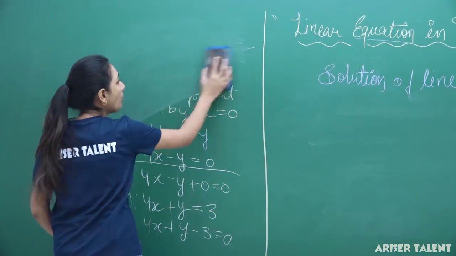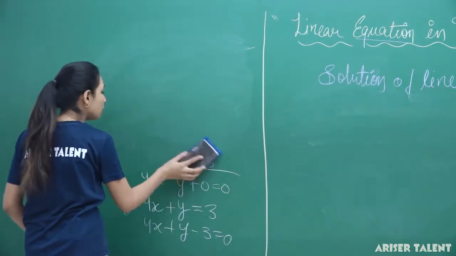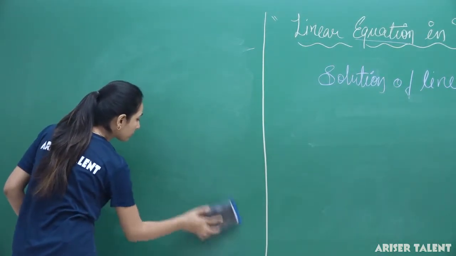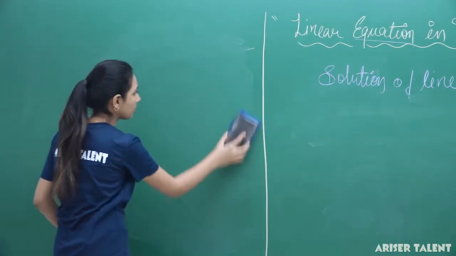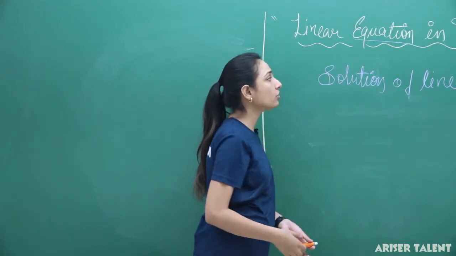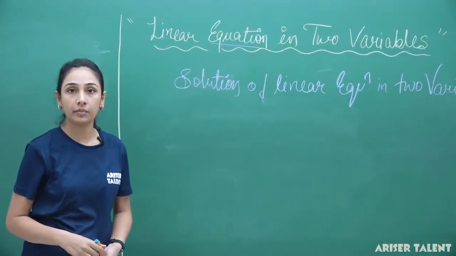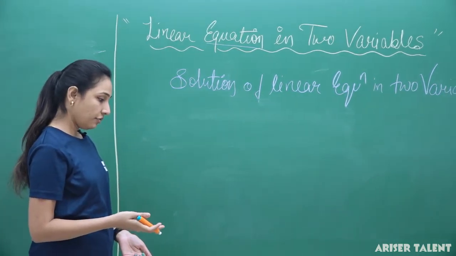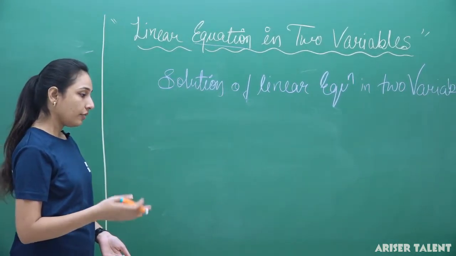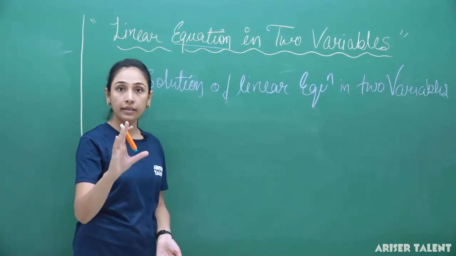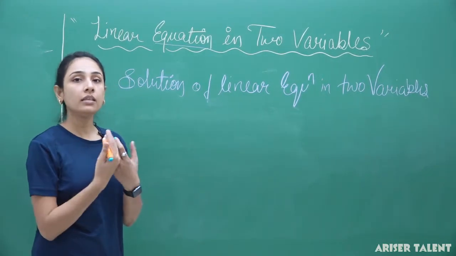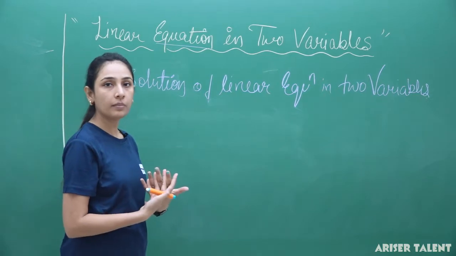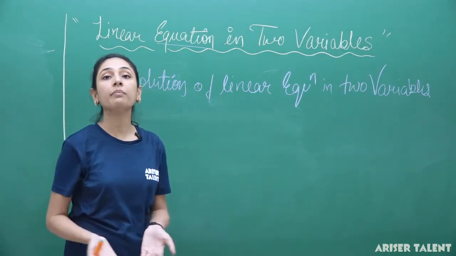Now if I talk about the solution of a linear equation in two variables, we studied it and concluded that any equation in two variables may have infinitely many solutions.